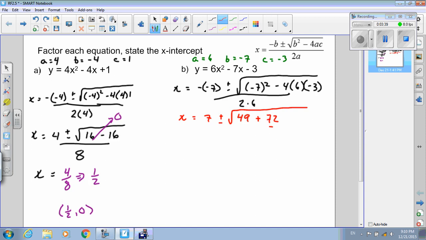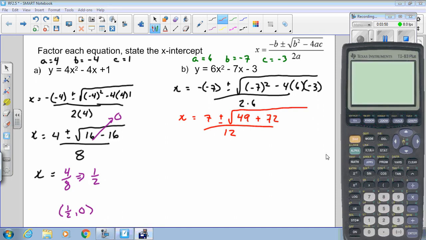So it's over 12. Now, this expression here works out to 49 plus 72. We're going to use a calculator for this one here. So let's just put that inside my discriminant. The second function, square root of, say, 49 plus 72, we could do it that way.